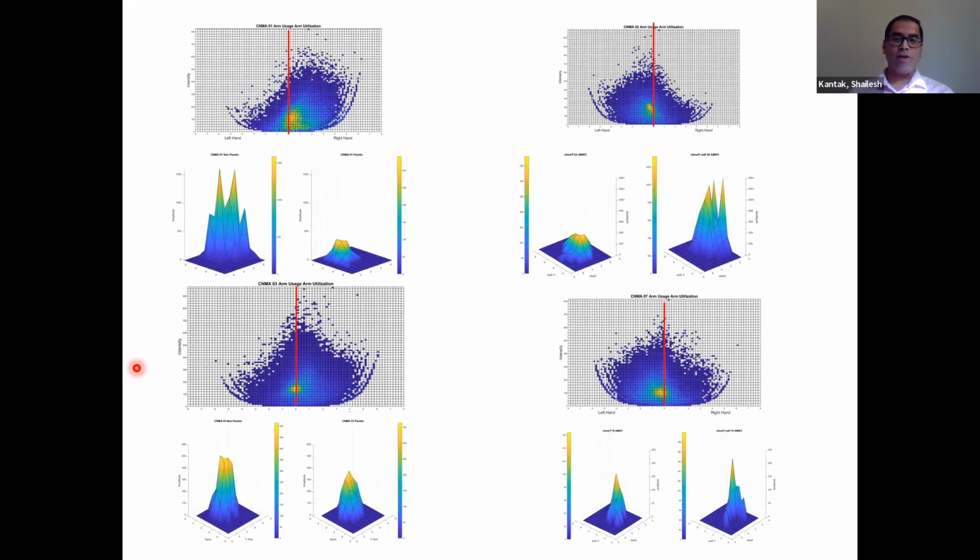So for example, this patient right here is 43 Fugl-Meyer, and this one right here is 44 Fugl-Meyer. If we look at the cortical map size, they are very different. So it may not be just explained by Fugl-Meyer.